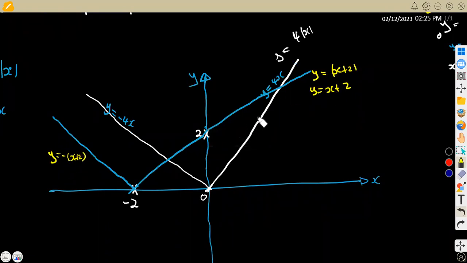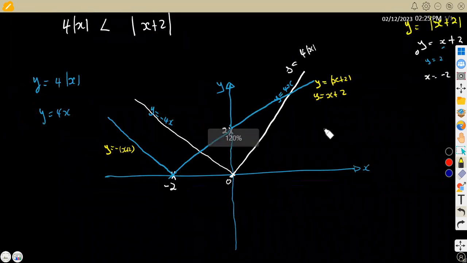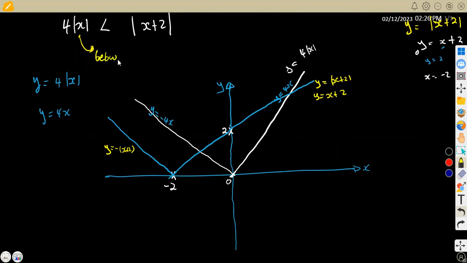Okay, so the question was for us to solve a condition where the modulus of x is less than the other function. If a function is less than another function, it simply means you take values of x where this function is below the other.